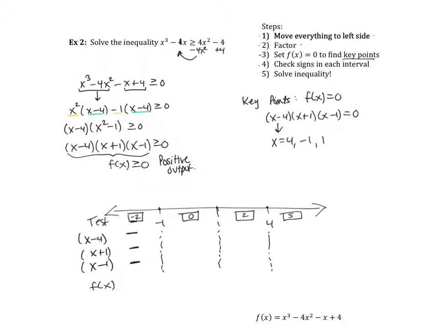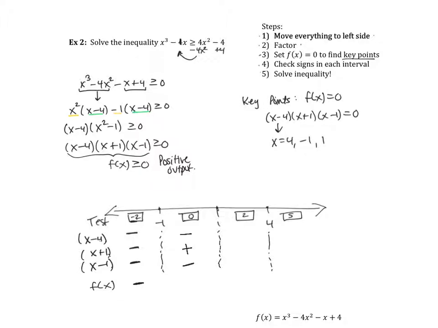Now the function is the product of each of these factors. So I have a negative times a negative is positive, times another negative. That output is negative. Let's try another one. 0 minus 4, that's negative. 0 plus 1, that's positive. And 0 minus 1, that's negative.